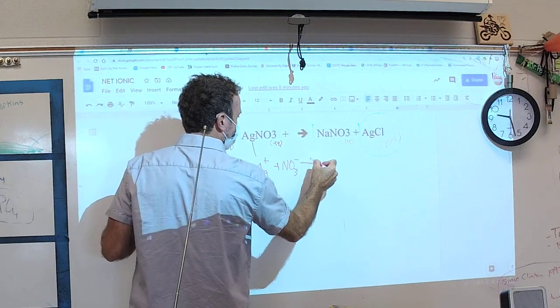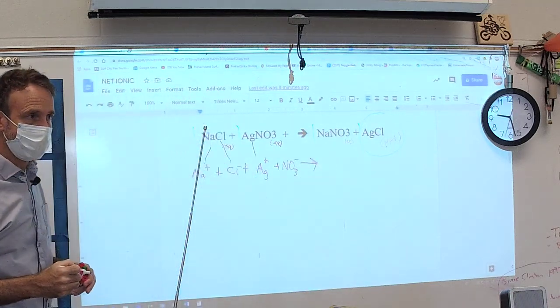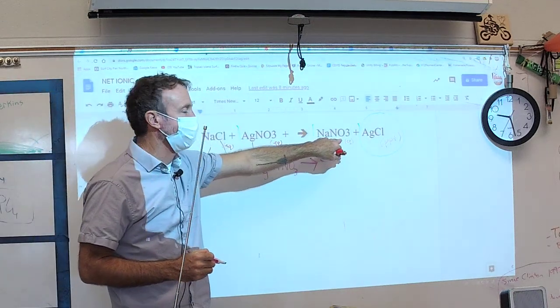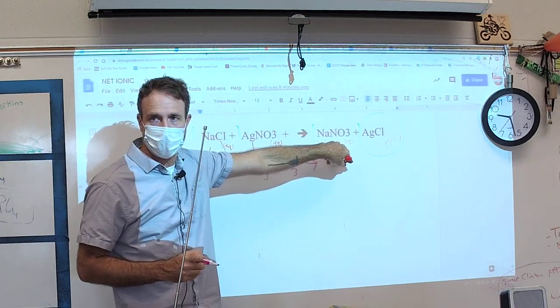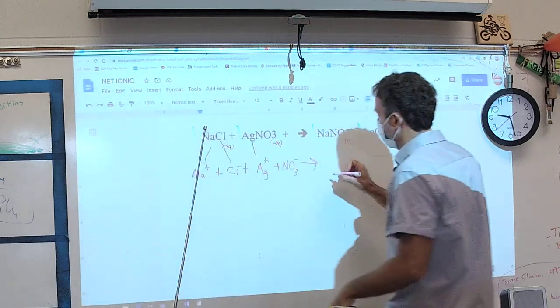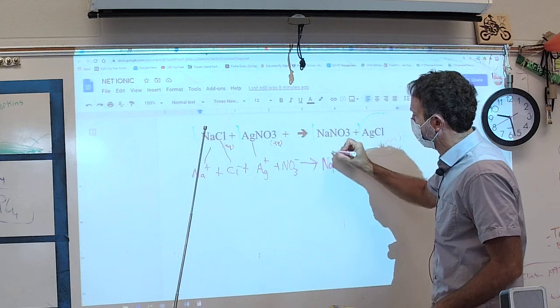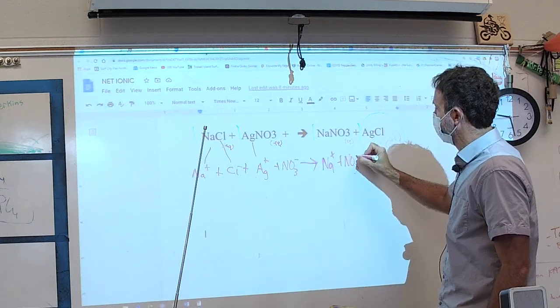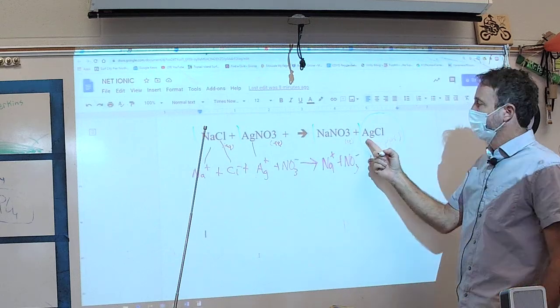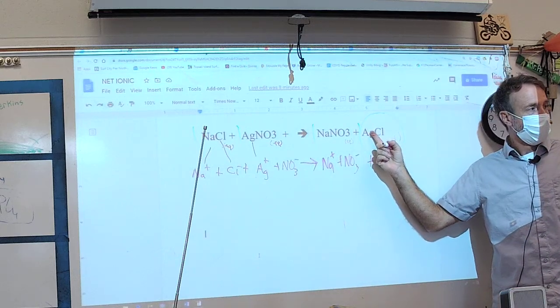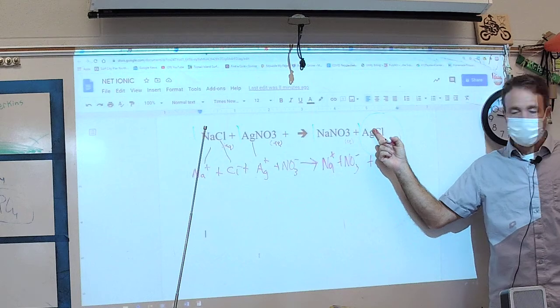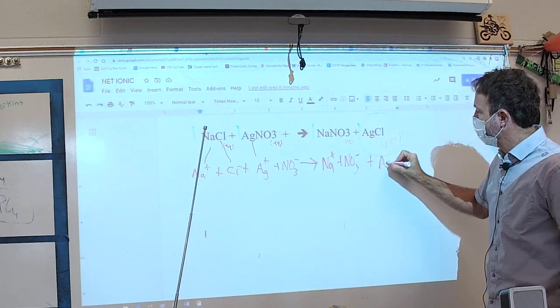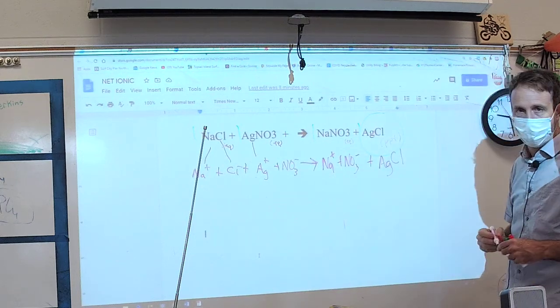Now, after the reaction, see how sodium nitrate here is still aqueous? Then you have a sodium ion that is positive, a nitrate polyatomic ion that is negative, and what's the precipitate? Silver chloride, right? The AgCl is together.